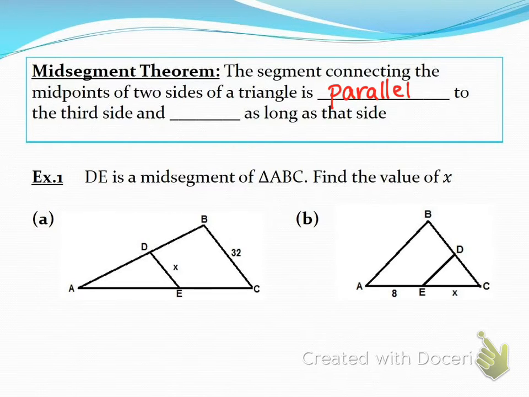Parallel meaning it has the same slope. Okay, same slope as the third side, and is half as long as that side. So it's parallel to the third side, it's half as long as that third side.